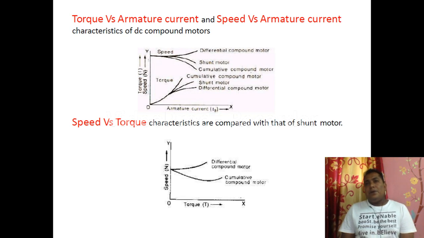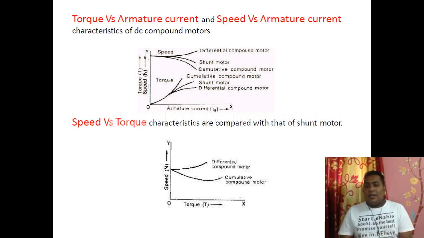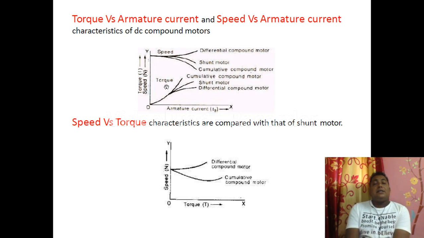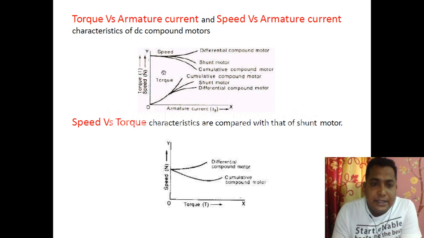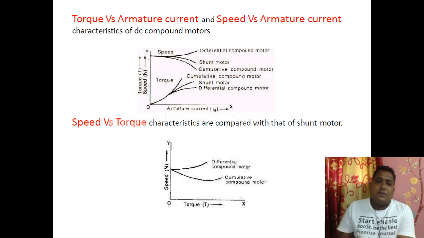In case of the shunt motor, this is the characteristic, a straight line, where torque is directly proportional to the current. For the series motor, the characteristic is like this, where torque is proportional to I square.